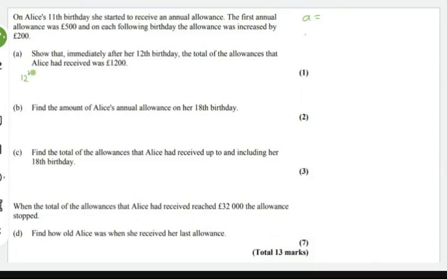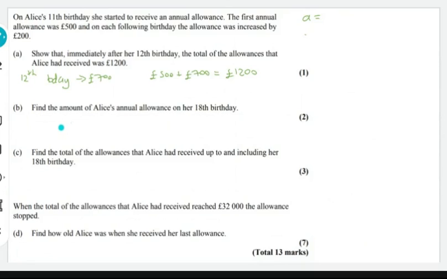So for B, we use the nth term formula, A plus n minus 1 D. So the 18th birthday would be the 17th, and when it says n minus 1 is 17.